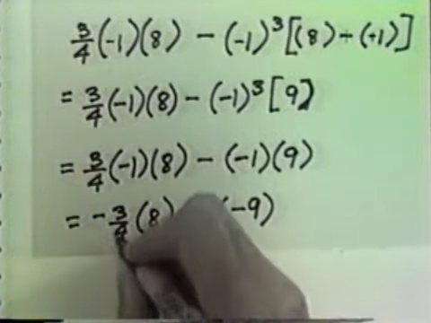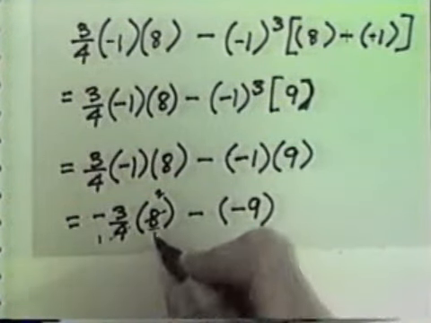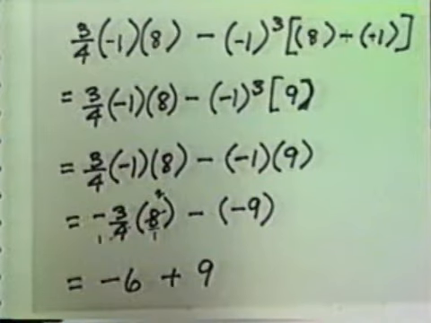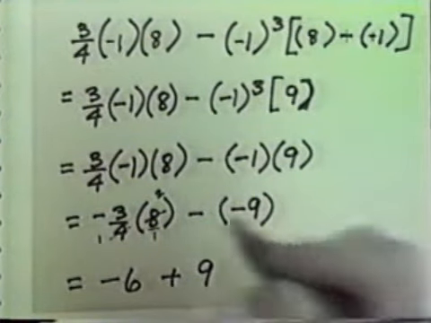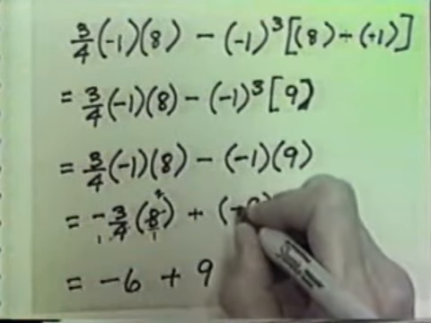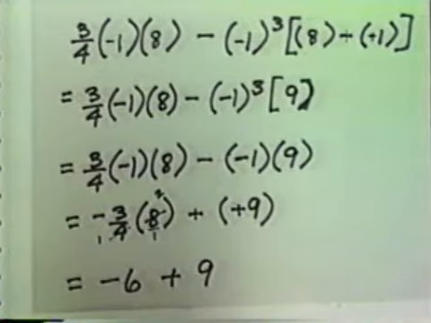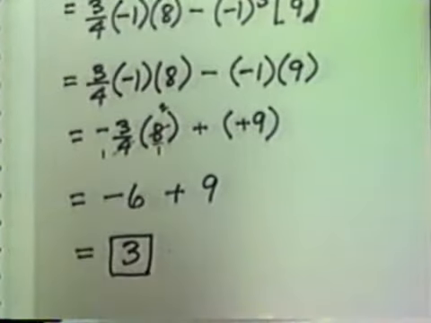And we can cancel. 4 goes into 4 one time. 4 goes into 8 two times. And we get -3 times 2, which is -6 over 1, which is -6. -6, we have subtract -9, which means add +9. Therefore we get -6 add 9, and -6 add 9 is 3.